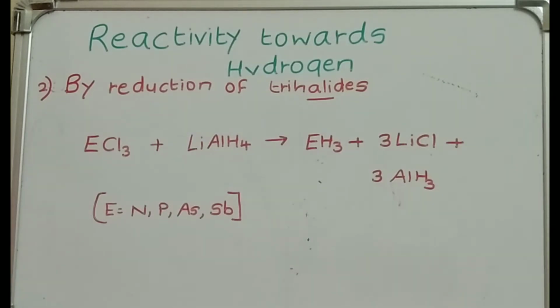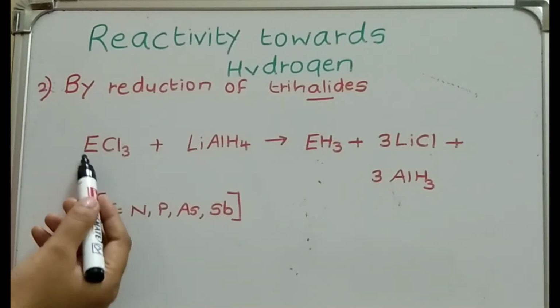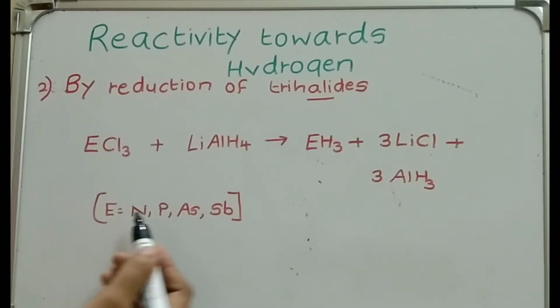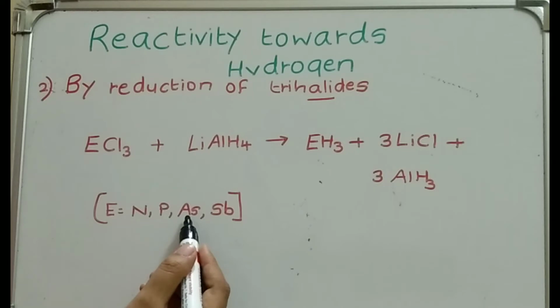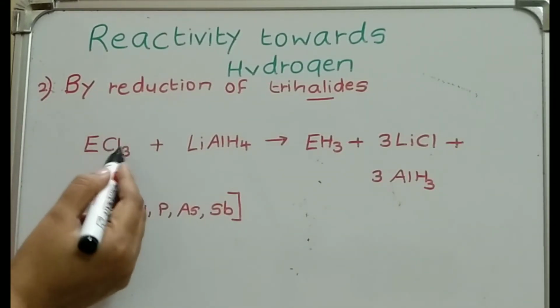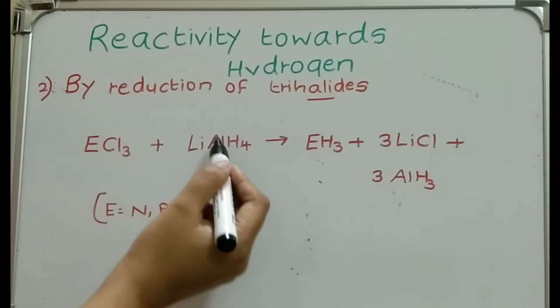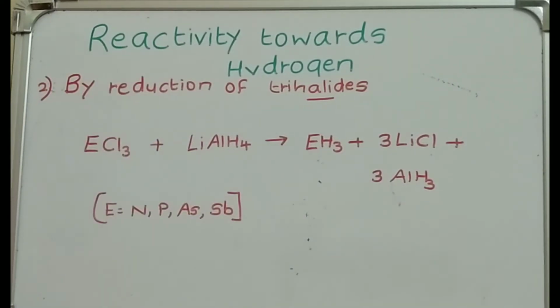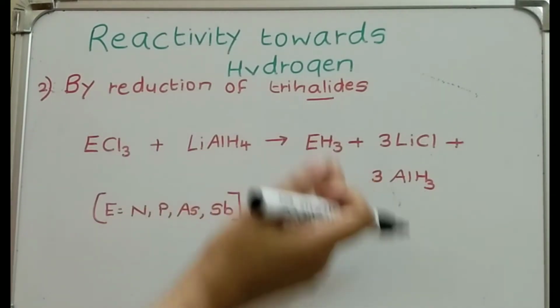I have written the equation here. Trihalides, trichloride we are taking, ECl3. E stands for the element, can be nitrogen, phosphorus, arsenic and antimony. Trihalide, so Cl3, and a reducing agent we are using because it is reduction, lithium aluminium hydride. With that it will give the hydride.